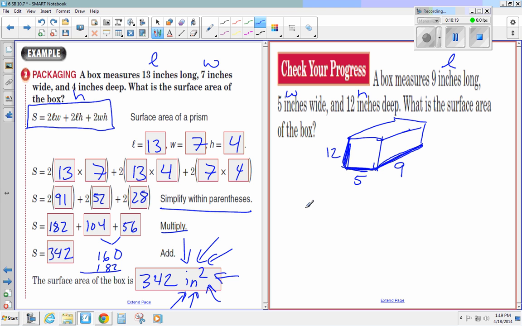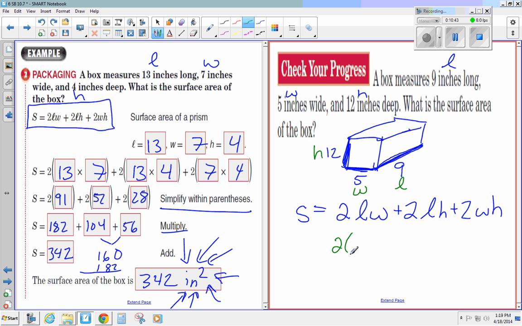But use our formula. Write the formula down every single time. 2 times length times width, plus 2 times length times height, plus 2 times width times height. And plug those in there. We know 9 is L, 5 is W, and 12 is H. So plug them in.